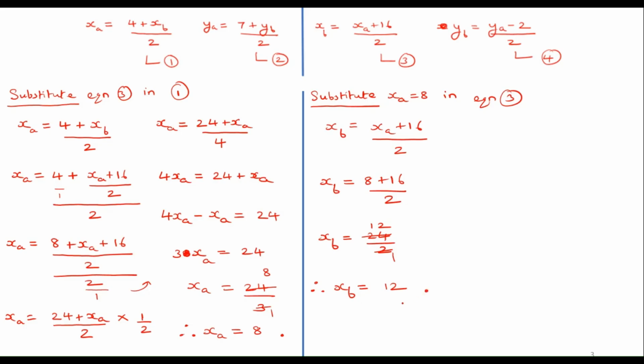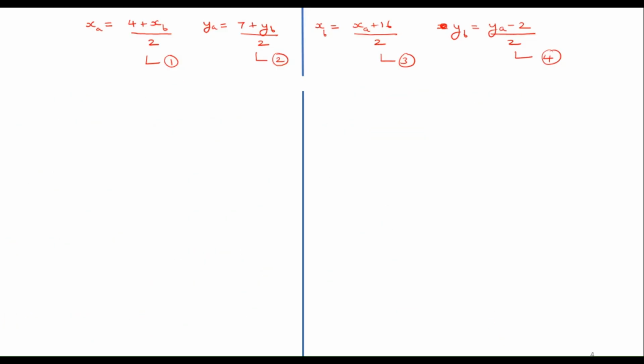So like this, what we got? We got the XA and XB coordinates. Now similarly we will find YA and YB in the same way, on the next page. So now here we will solve it for YA and YB.